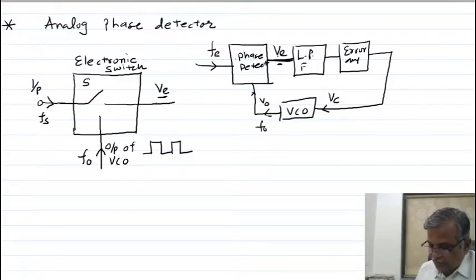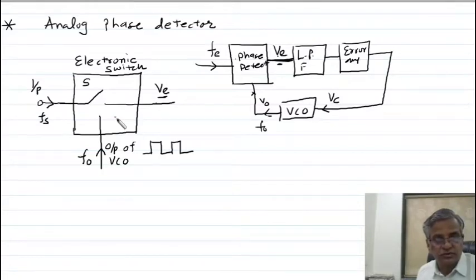The VCO waveform is a square wave. This electronic switch is closed or open depending on the square wave coming from the voltage controlled oscillator. When the positive half of the square wave appears here, the switch is closed.